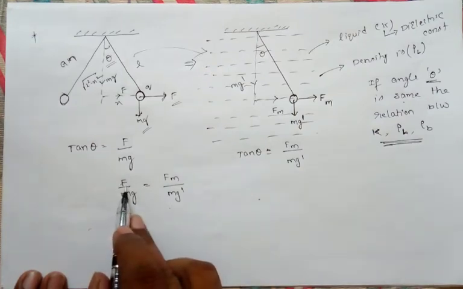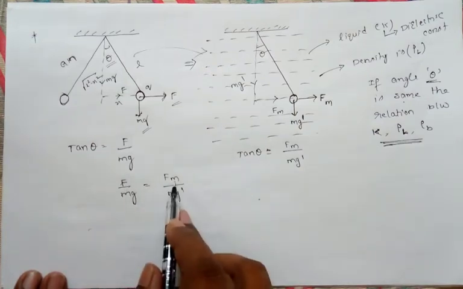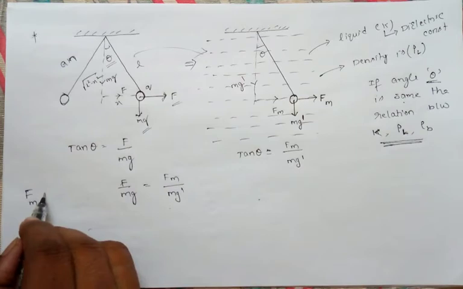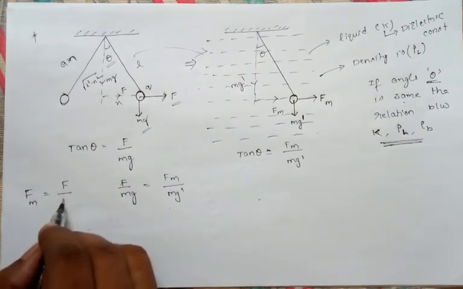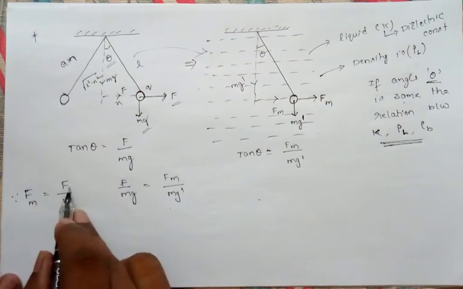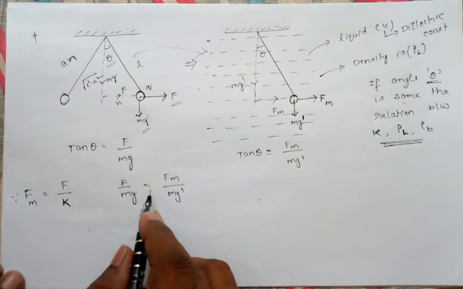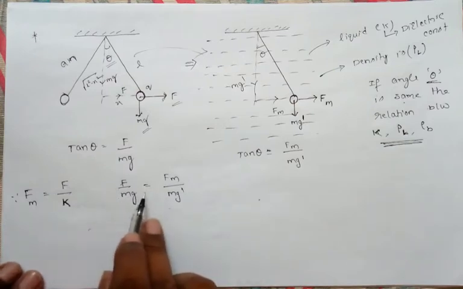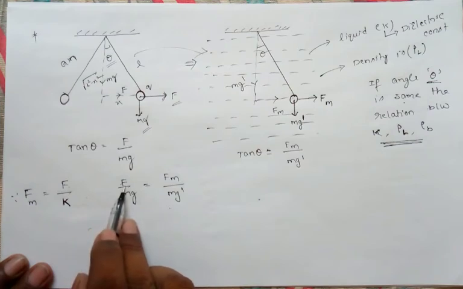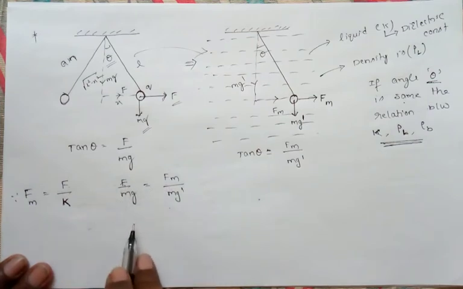F is the force in vacuum, Fm is the force in medium. We know one relation: force in medium is force in vacuum divided by K. We discussed this concept initially. Since force in medium is force in vacuum by K, I can write F by K here. Or else I will rewrite it like this.